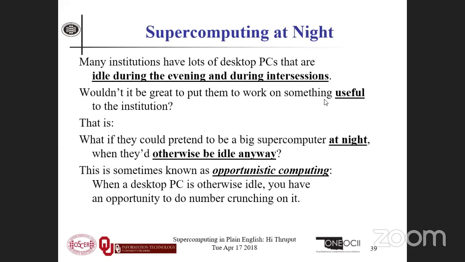If the CPU load is low and nobody's touching the keyboard or mouse, we assume that it's not being used. If it's not being used, somebody else could use it, okay? So this is called opportunistic computing. I notice that it's not being used, so I'll start using it.